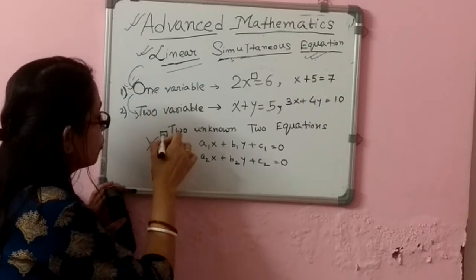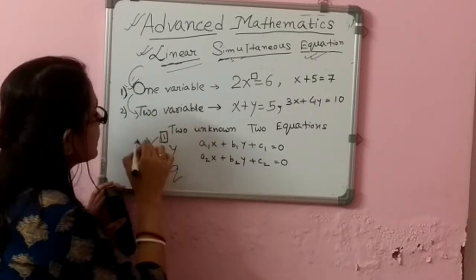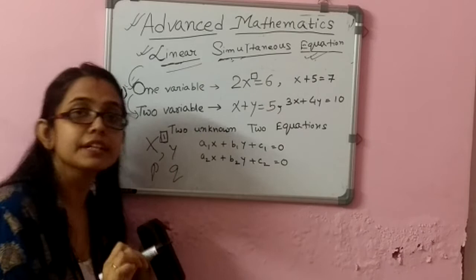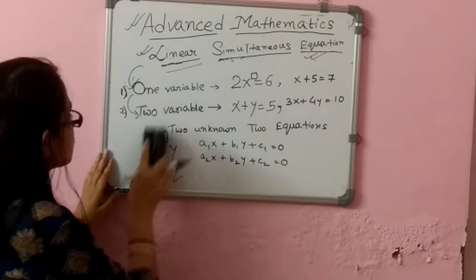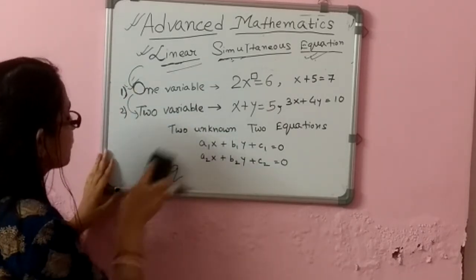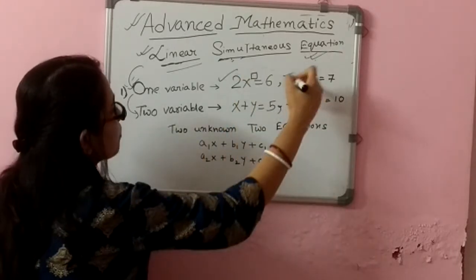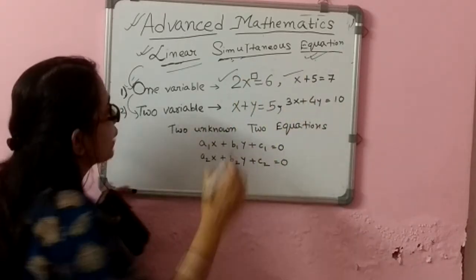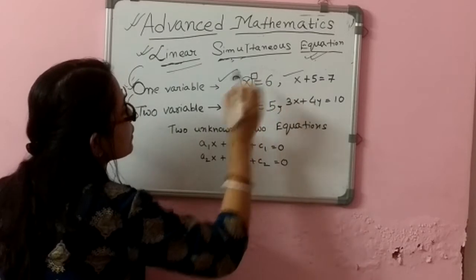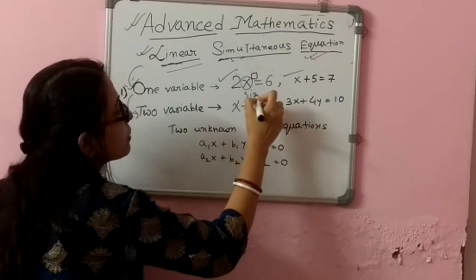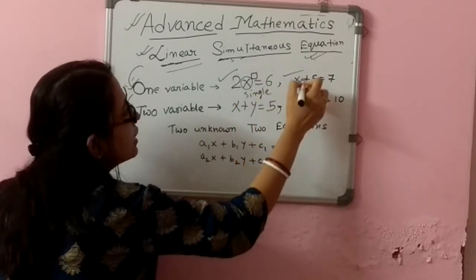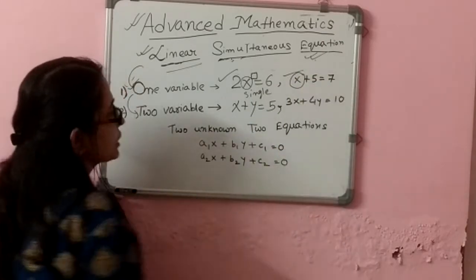If it is 1, then only it is considered a linear equation. As you can all see, I have written 2 examples of one variable linear equation, where there is a single variable, that is x or y or anything, a single variable in the equation.